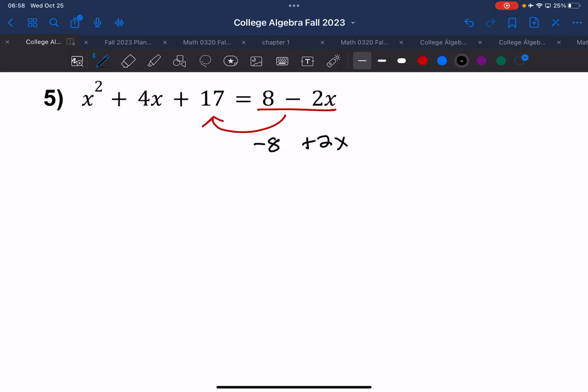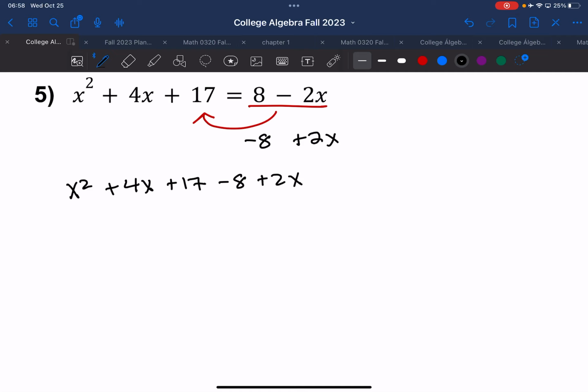So I have x squared plus 4x plus 17 minus 8 plus 2x equals 0. Okay. Before I continue, I'm going to have to combine like terms. So I have 4x and 2x, and then 17 and minus 8.